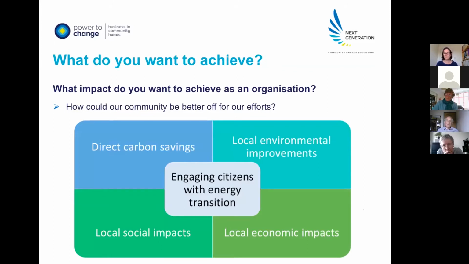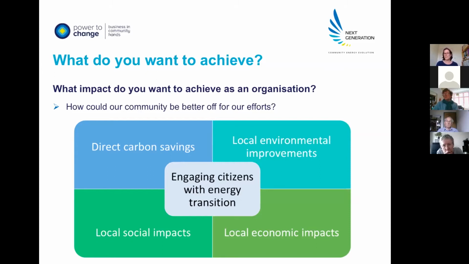As a community benefit society, particularly one that's involved in community energy, it's also worth thinking about the different kinds of benefits. Sometimes they're referred to as co-benefits, but there's often a big argument with people who say, well, actually, they're not co-benefits, they are the benefits, they're not things on the side, they're the heart of what we're trying to achieve here.